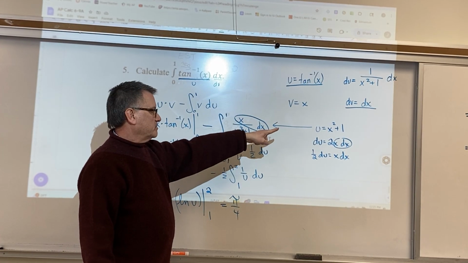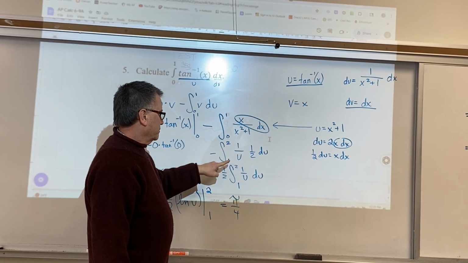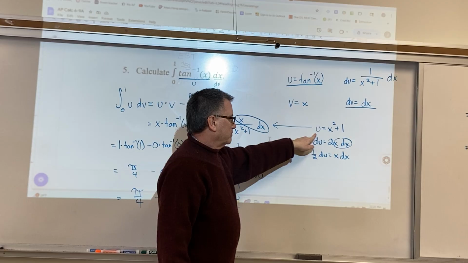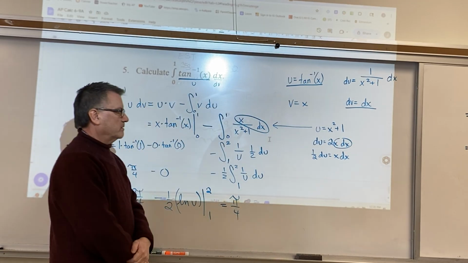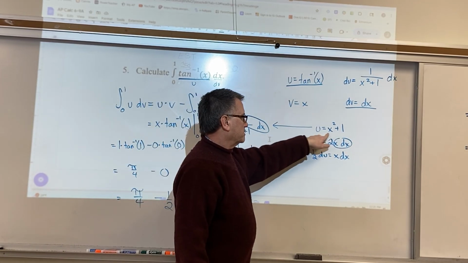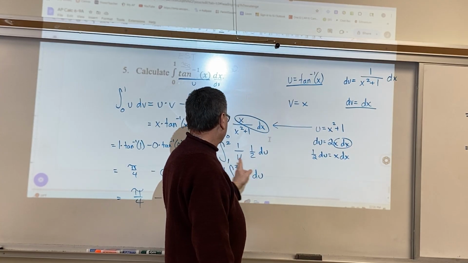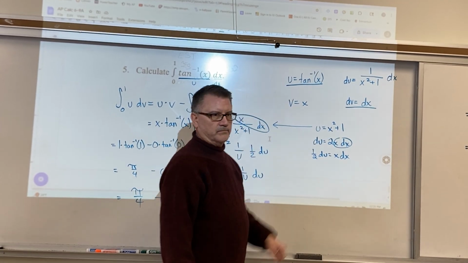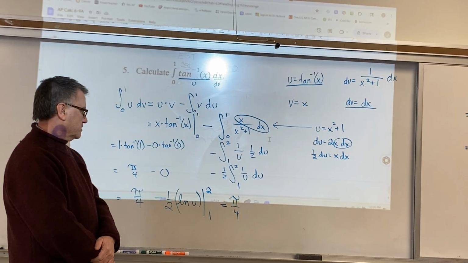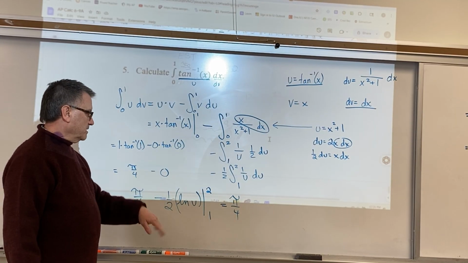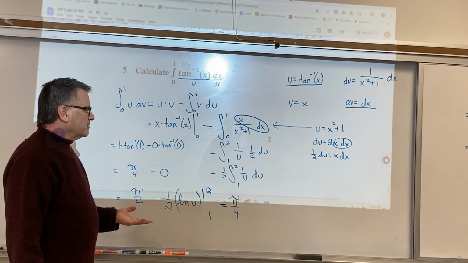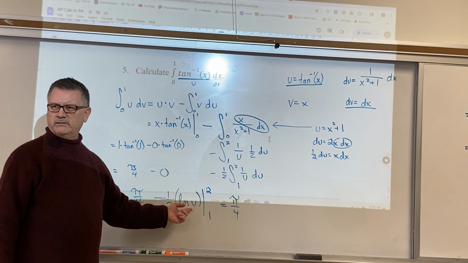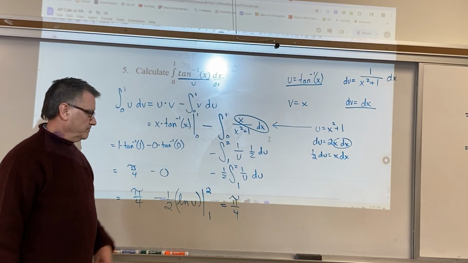So if I'm doing it in terms of u now, it's not going from 0 to 1; when x is 0, u is 1, and when x is 1, u is 2. So I don't have to, I mean, does anybody really want to substitute natural log of x squared plus 1 in here? Try to figure that one out.